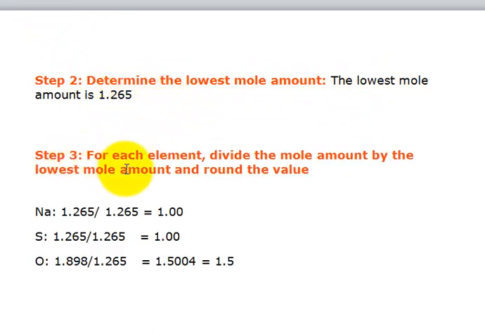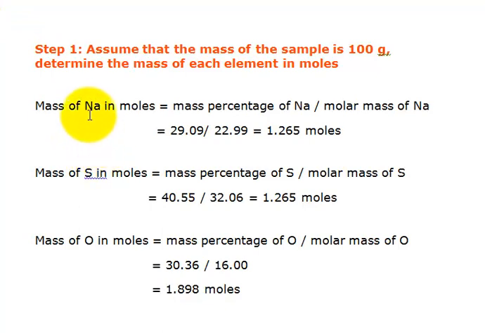Now step 3. For each element, divide the mole amount by the lowest mole amount and round the value. We have the mole amounts calculated in step 1. So the mole amount for sodium is 1.265, the mole amount for sulfur is 1.265, and the mole amount for oxygen is 1.898.